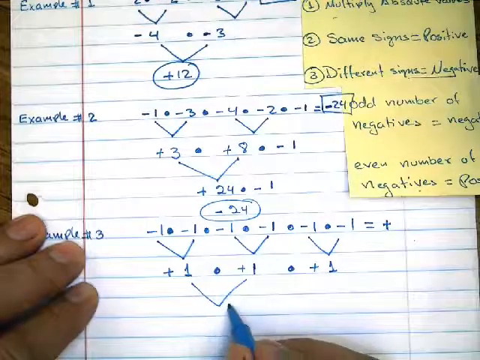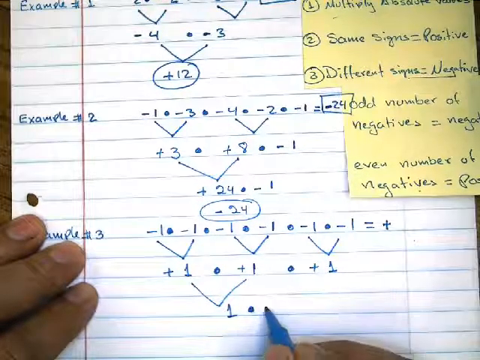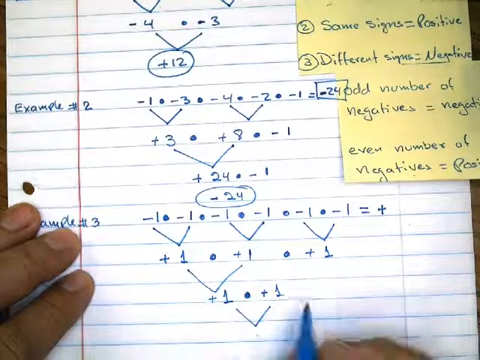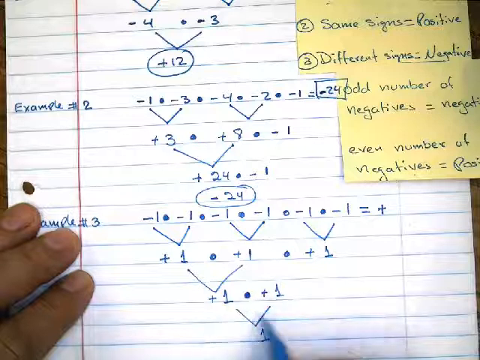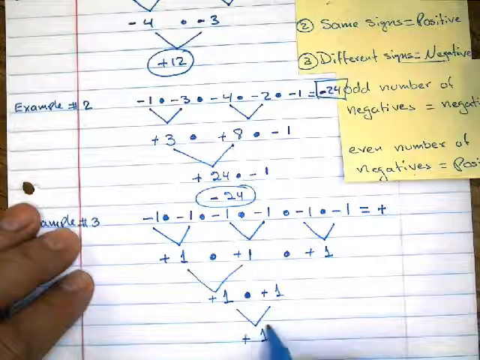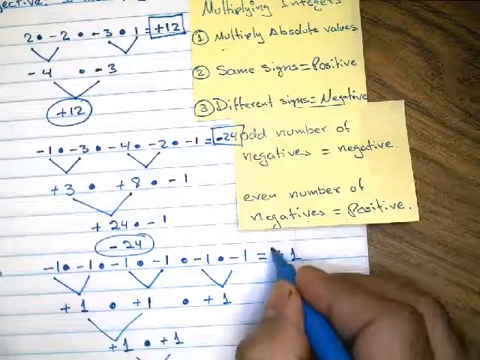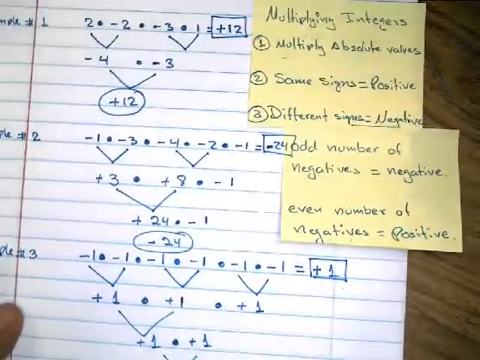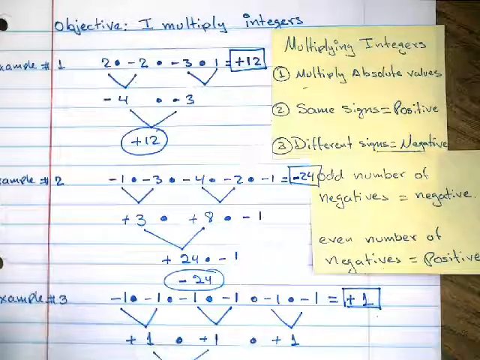My answer is going to be positive. I'm going to bring the last number. And then 1 times 1 is 1. And since both numbers are positive, my answer is going to be positive. And we knew the answer was going to be positive by looking at the number of negatives that we have. And that's how you multiply more than 2 integers.